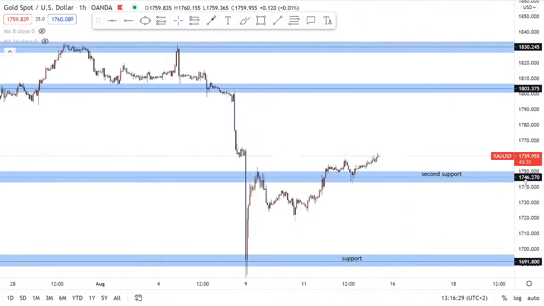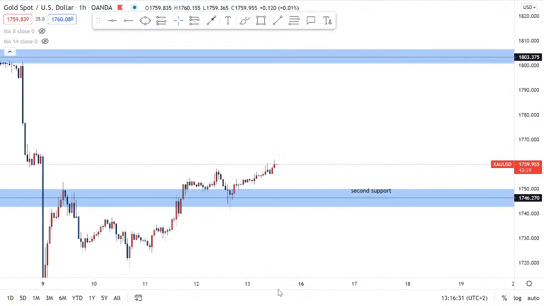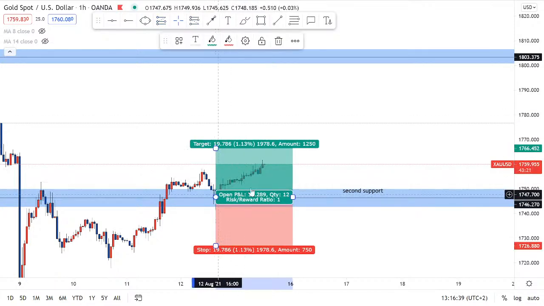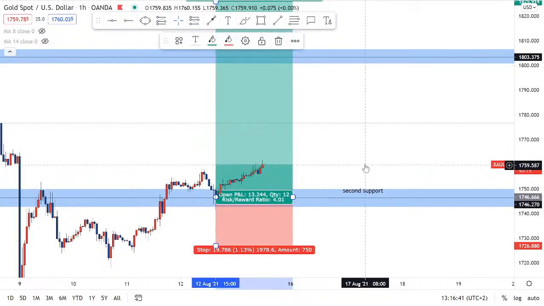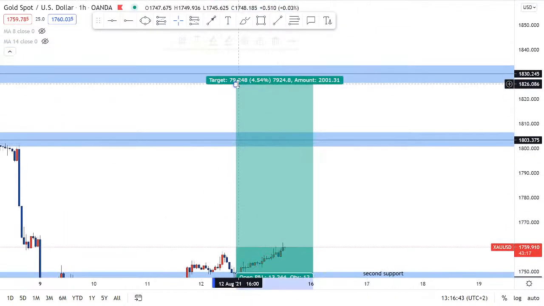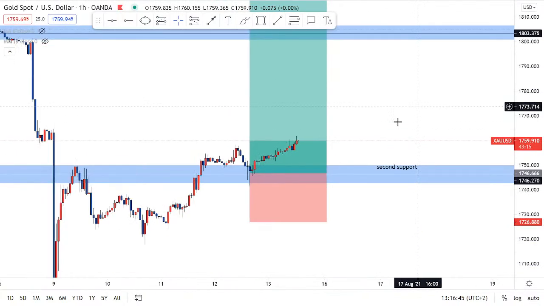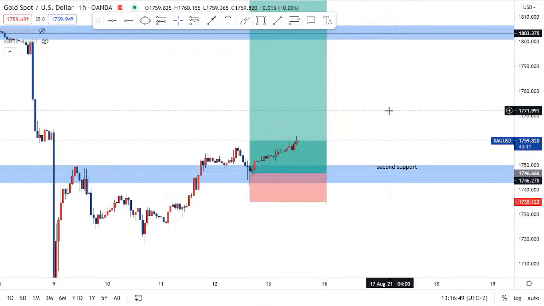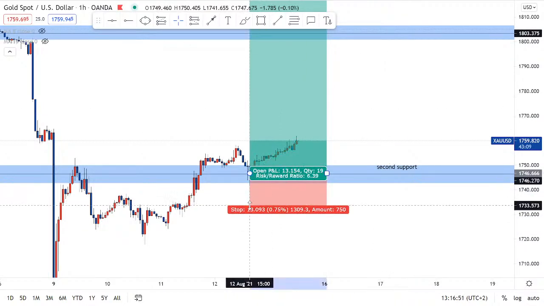So what we're basically looking for, as you can see here, is that the market broke up here. So now we're looking for buying opportunities on gold, just right after this retest. Our target is gonna be around here, but be careful, guys. Let me see. I'm just gonna put my target here.